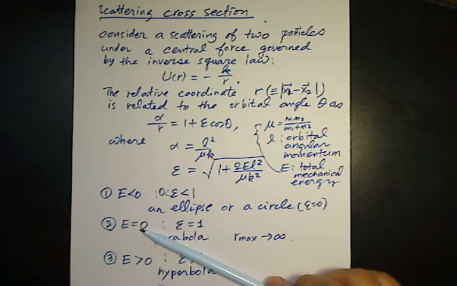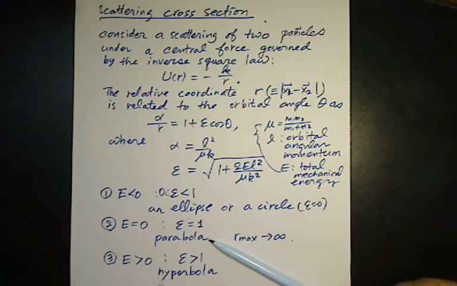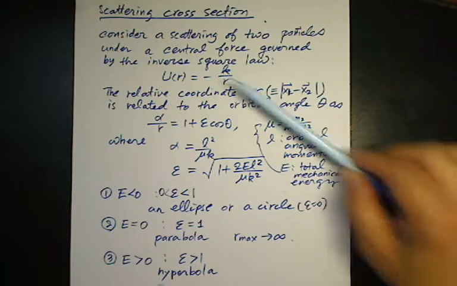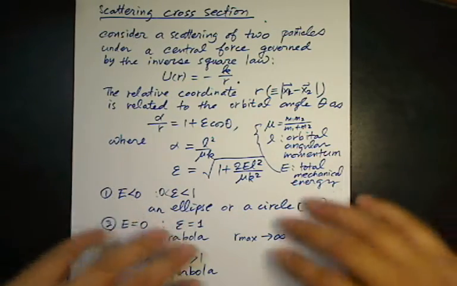And if E equals 0, then epsilon becomes 1, and this is the parabolic form. And if epsilon is greater than 1, then it is the hyperbolic form. Using this information, we'll continue to study the cross-section.